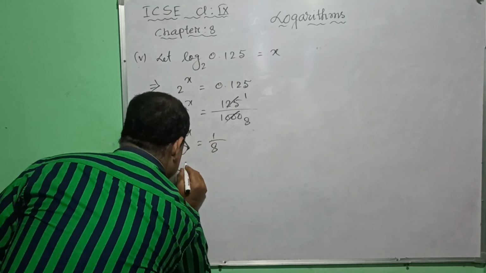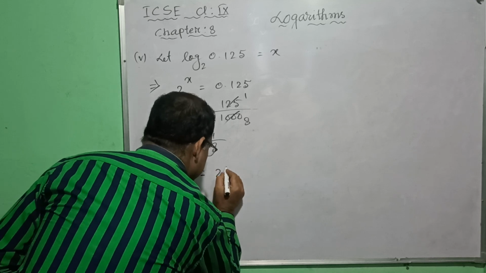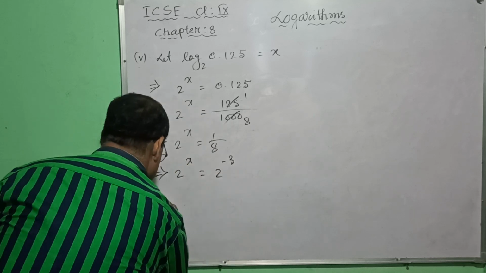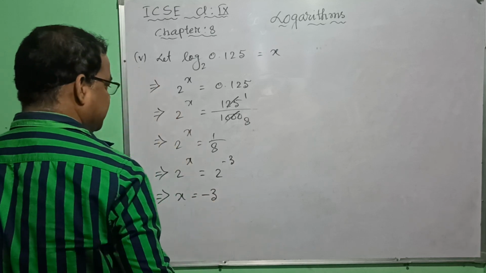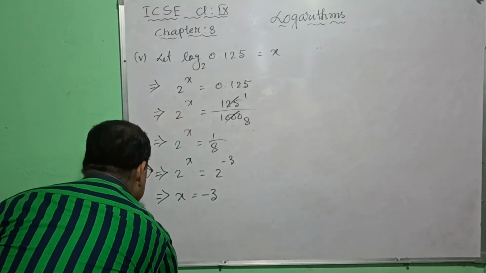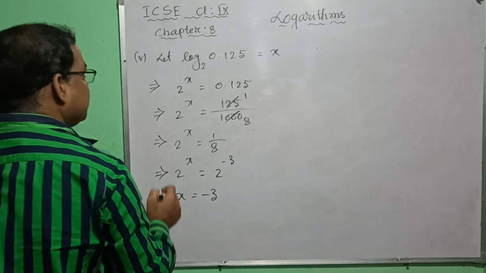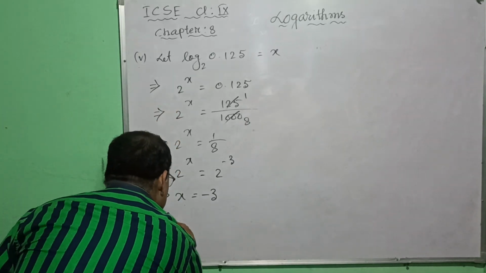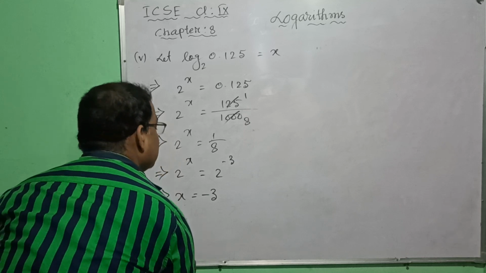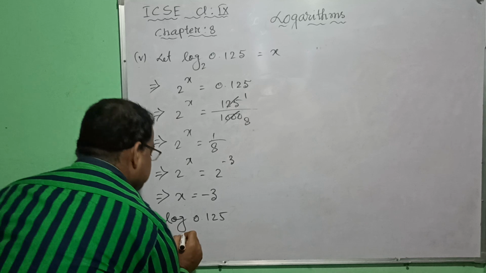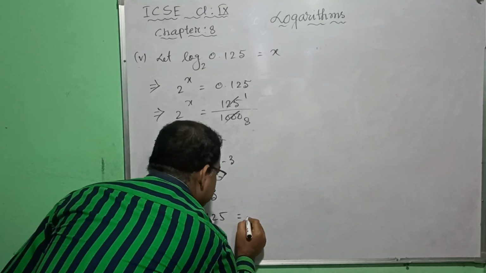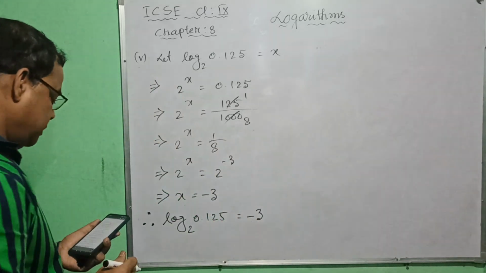This implies 2 to the power x equal to 2 to the power minus 3. This implies x equal to minus 3, and then we'll write the answer. Therefore, log 0.125 at base 2 equal to minus 3.